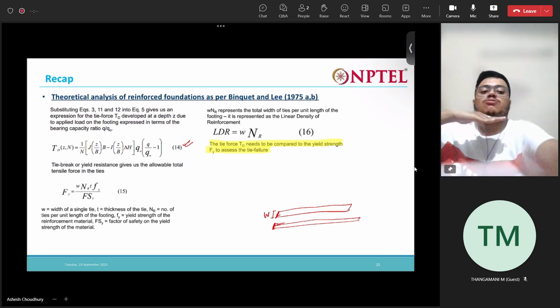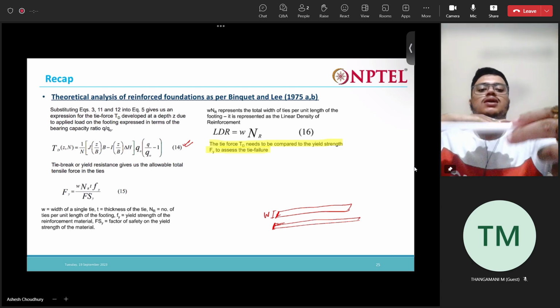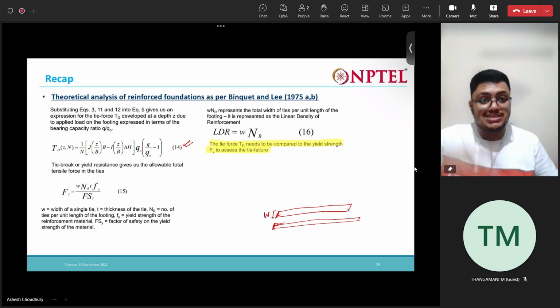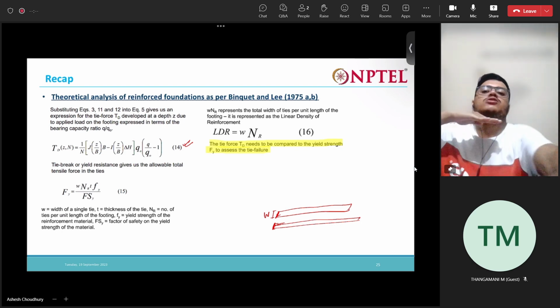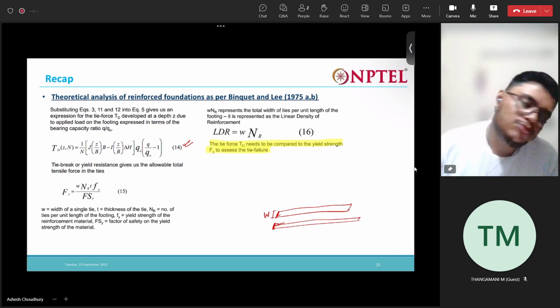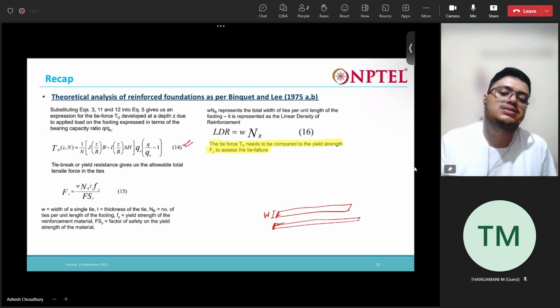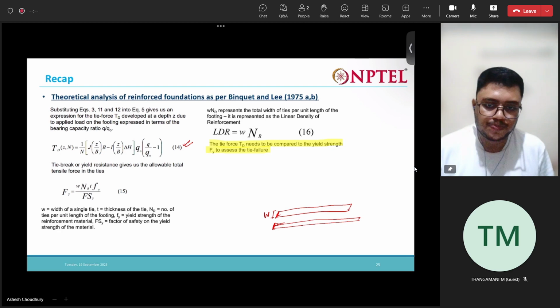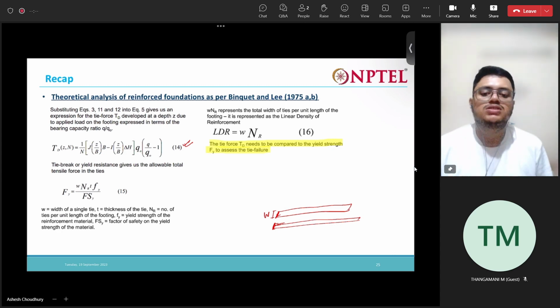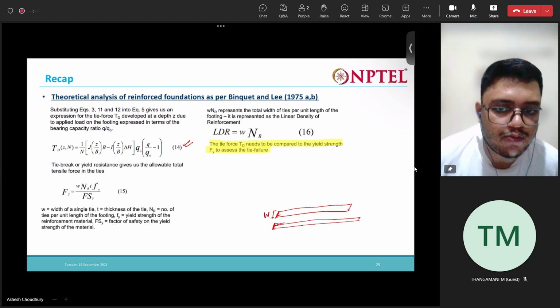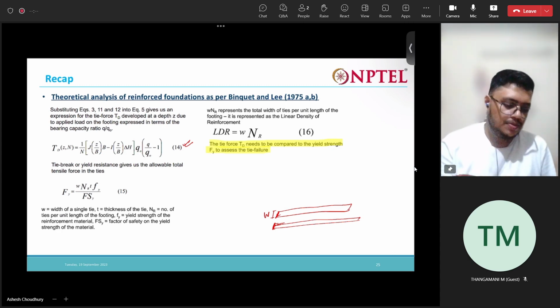This is lengthwise, in the out of plane direction, how many reinforcements you are providing, not vertically. So W times NR will give us the linear density of the reinforcement. Obviously, as highlighted here, the tie force TD needs to be compared to the yield strength Fy to assess the tie yield.